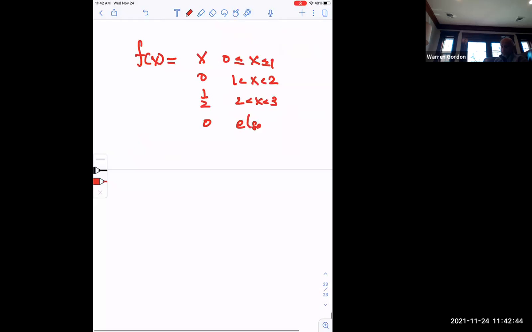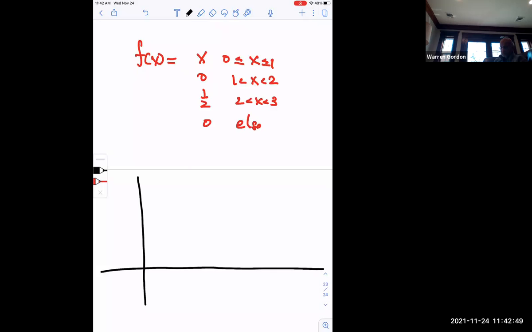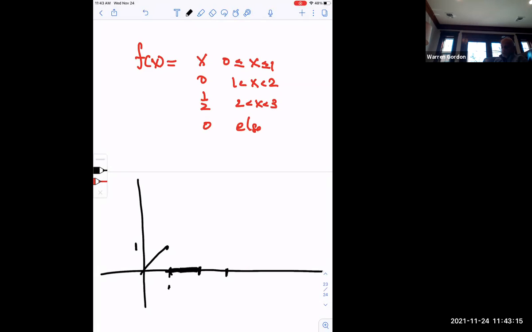So let's look at this graph. Here's 1, here's 2. So f of x is x between 0 and 1. Between 1 and 2, 0. It's 1/2 between 2 and 3. And elsewhere it's 0.